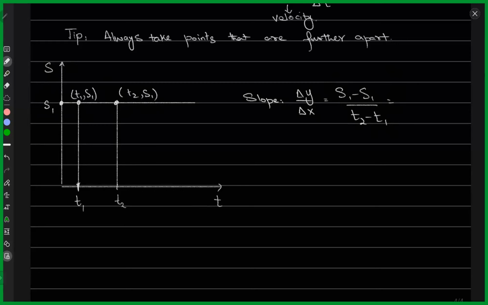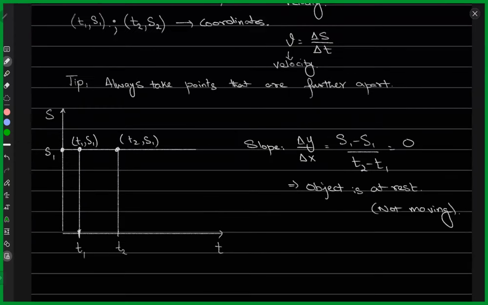That's why this will be 0, which means the slope is 0. If the slope is 0, the object is stationary or at rest, which means it's not moving. So this is the graph that shows an object which is stationary.